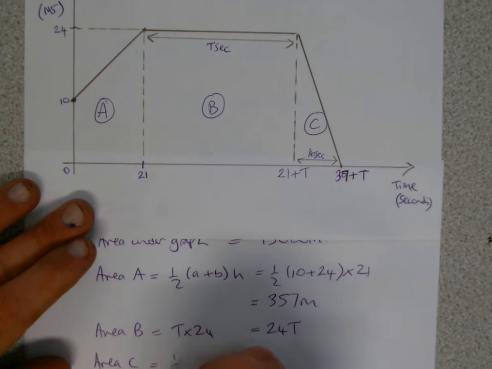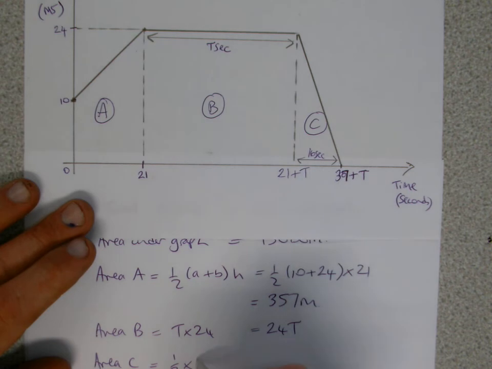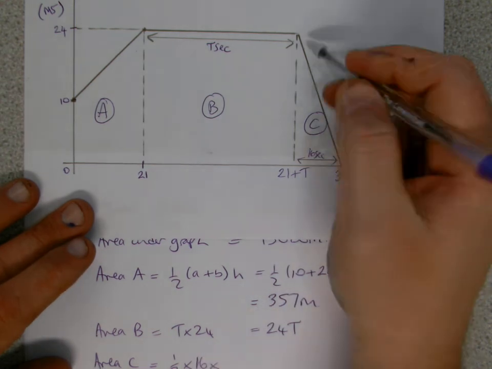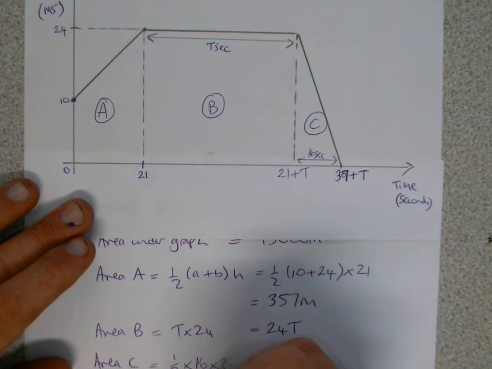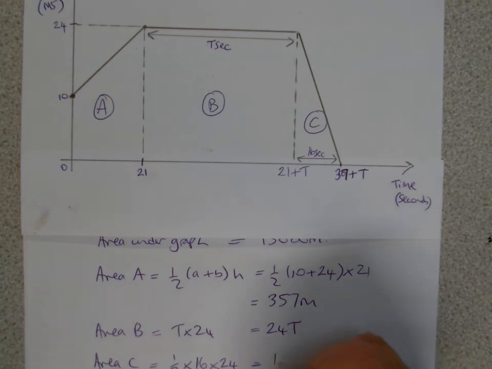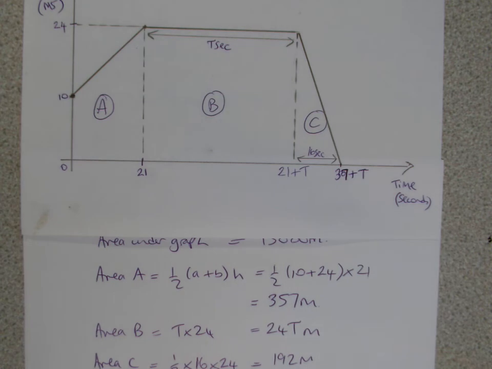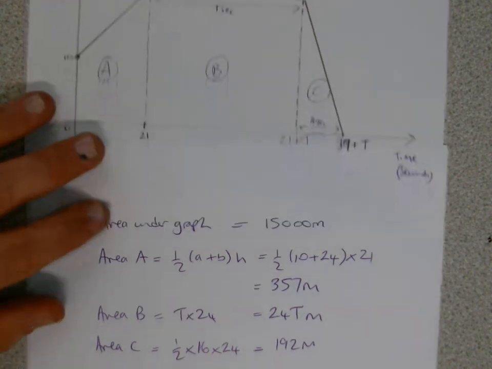So it'll be half times the base there, which is 16, times the height of that triangle, which is 24. We'll work that out. That comes to 192 meters. They're all meters, because the areas give us the distance.